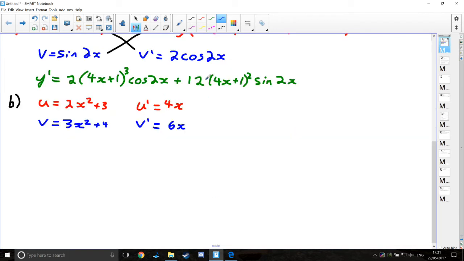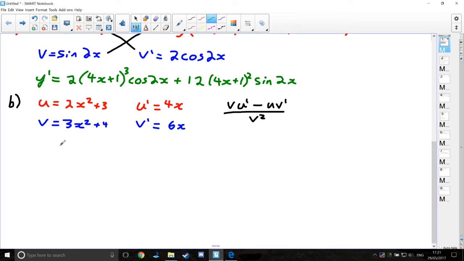Right, so now we need to look up the quotient rule. The quotient rule is v u dash minus u v dash all over v squared. Right, let's write it out then.